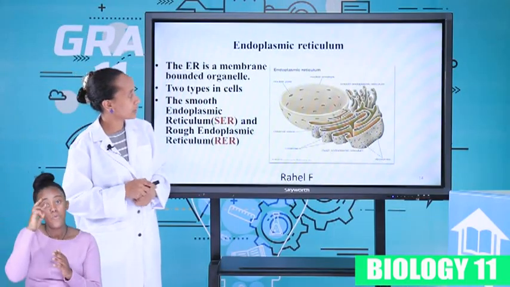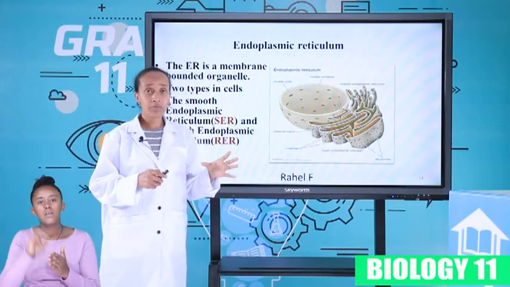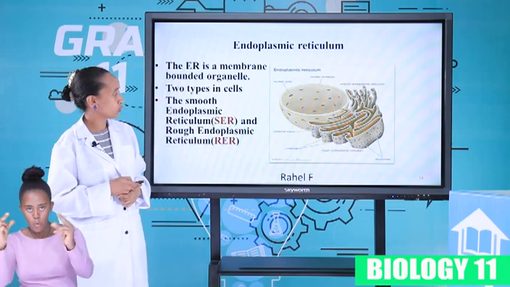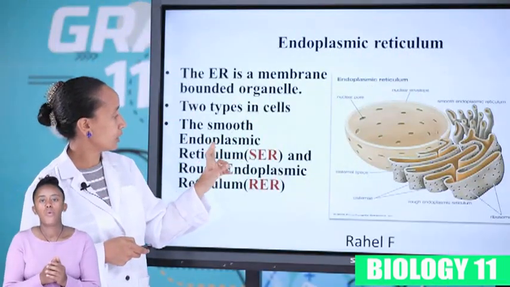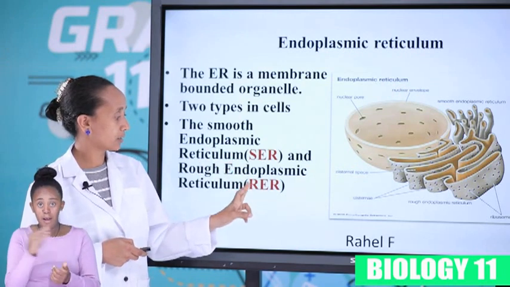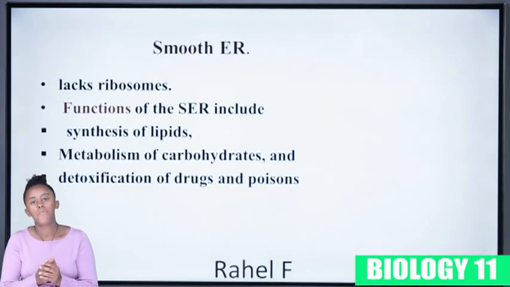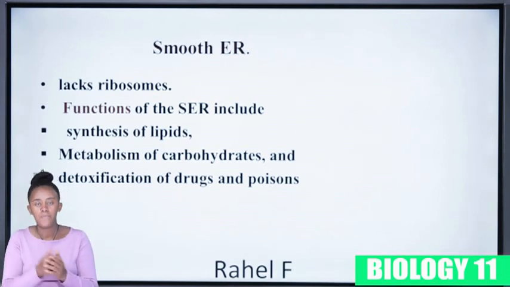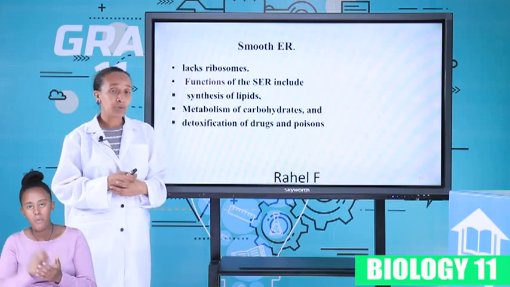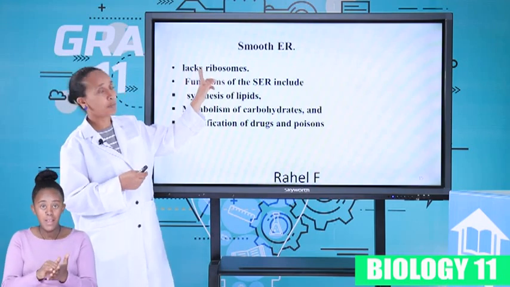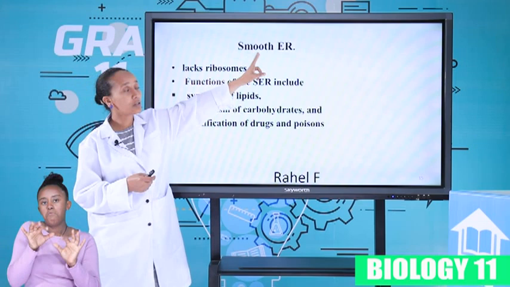For that reason, we study endoplasmic reticulum by grouping into two as smooth endoplasmic reticulum and rough endoplasmic reticulum. The smooth endoplasmic reticulum is the type of endoplasmic reticulum that lacks ribosomes. That's why it is known as smooth.